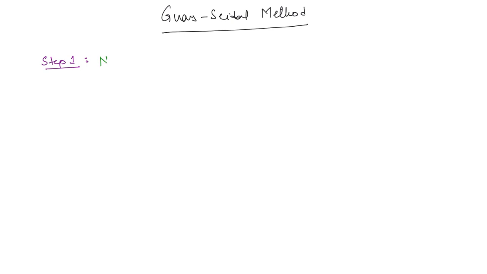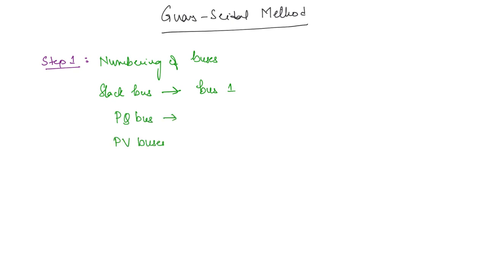Numbering of buses. Usually, like discussed before, the slack bus is numbered as bus 1. Next, PQ buses are started from bus number 2 and then PV buses.